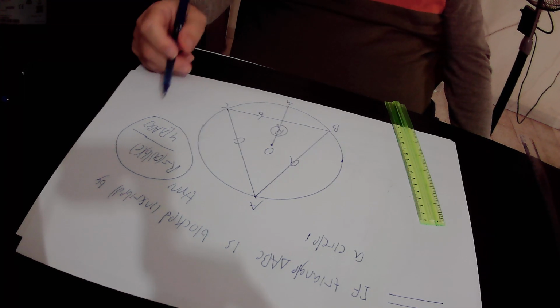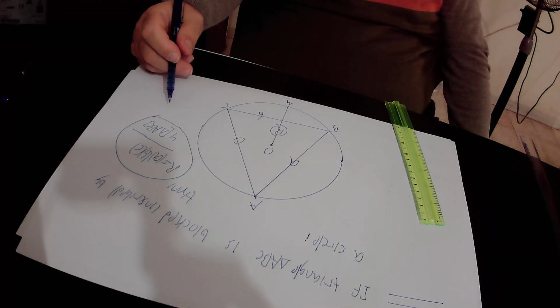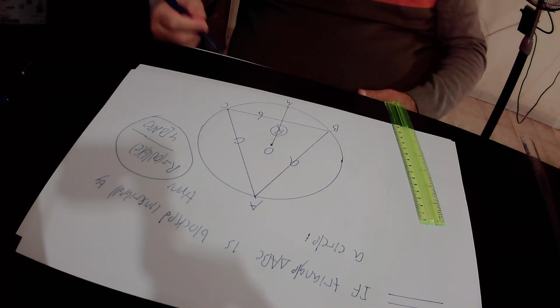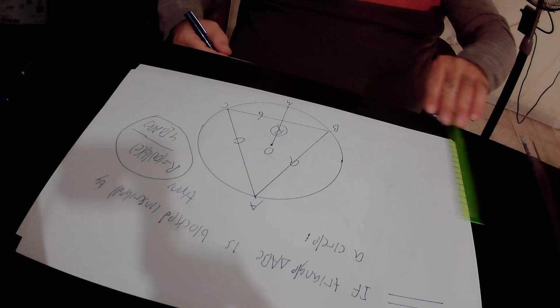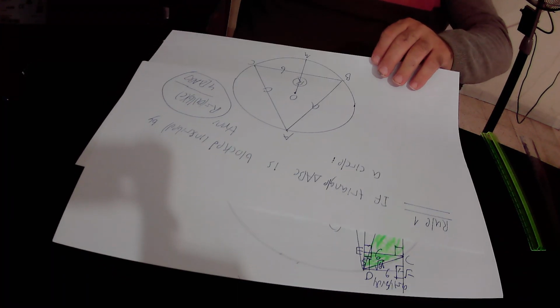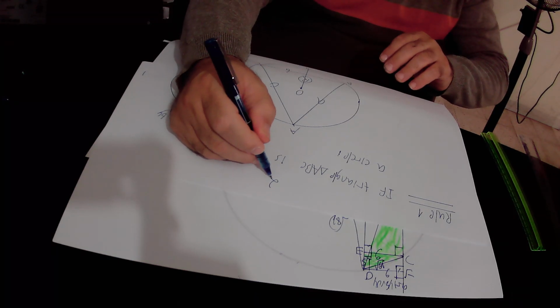Why? Because the area of the triangle can be calculated by knowing the side lengths of the triangle. So actually we can implement this rule number 1 in our drawing.